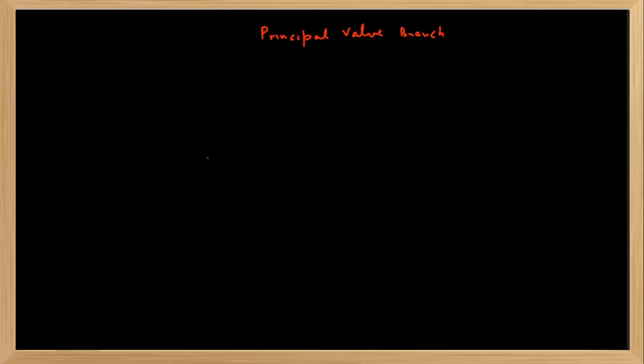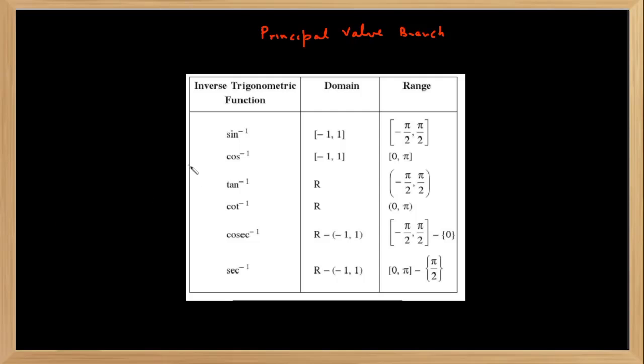Now we'll be discussing the principal value branch, that is domain and range. The domain and range together we call the principal value branch. Sin inverse is a function from -1 to 1 to -π/2 to π/2. That means sin inverse is an angle in this interval whose sine is x, provided x belongs to this interval.